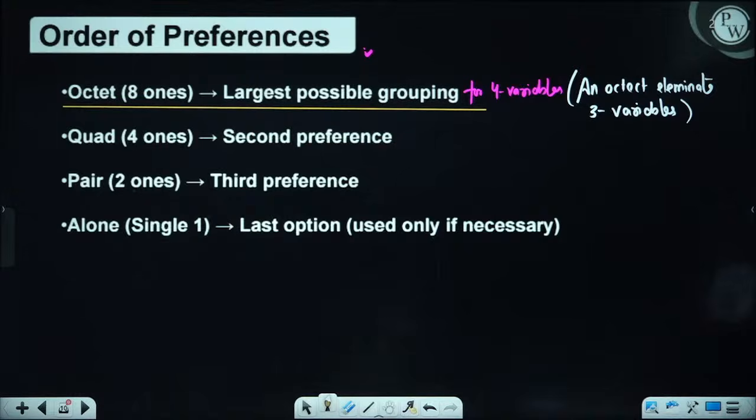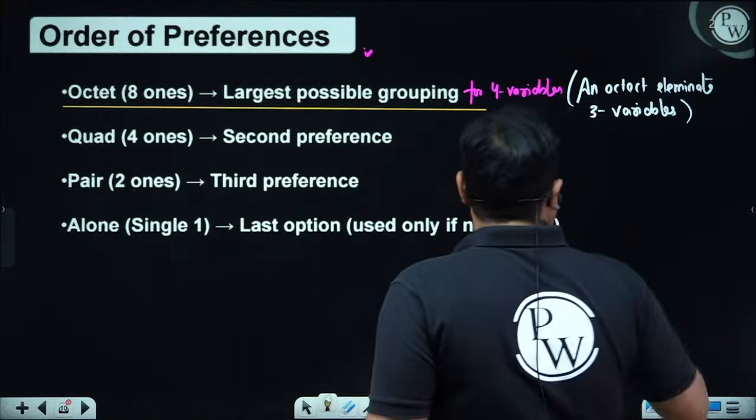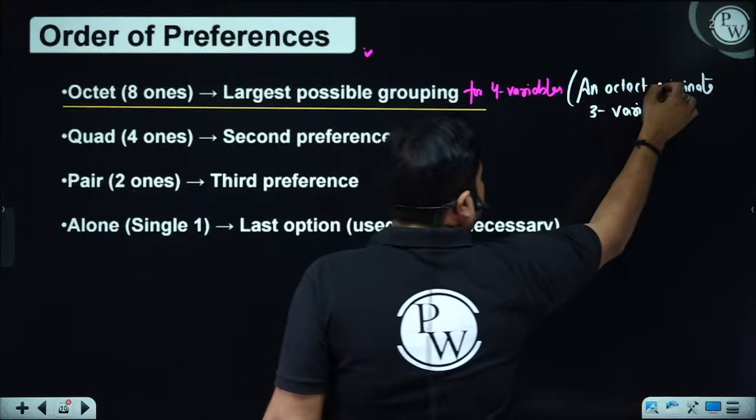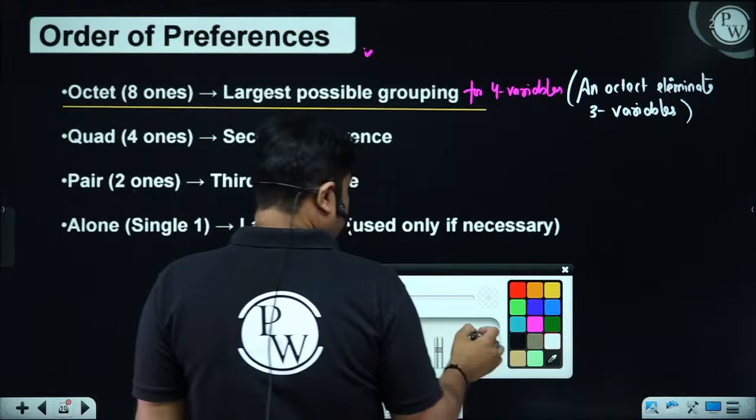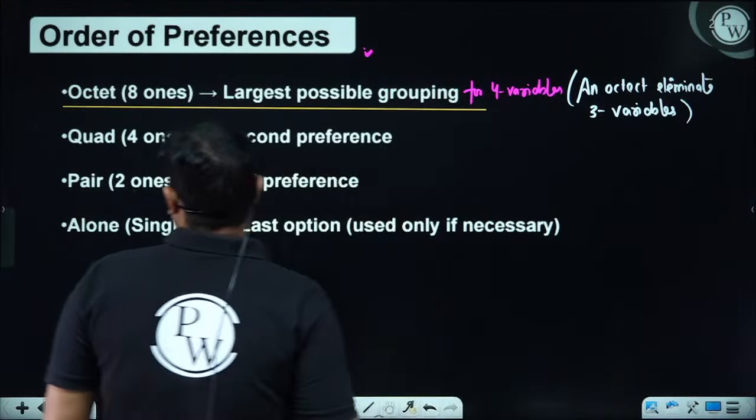First preference is given to an octet. An octet eliminates three variables. Is it okay, beta ji? Yes, sir.